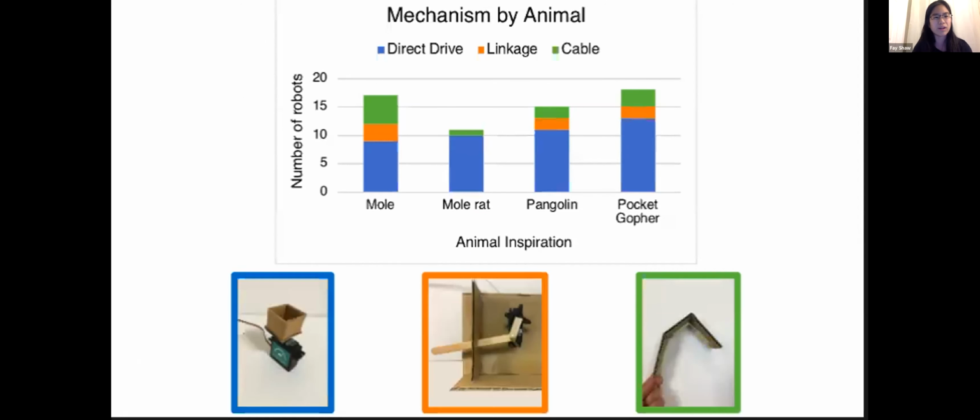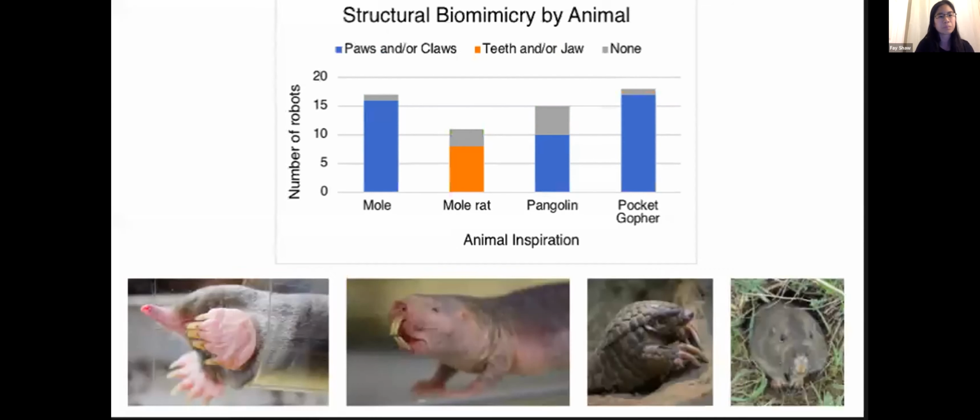So we looked at what appeared by animal, and we saw that when we scaffold with directions to build direct drive, linkage, and cable, the students are able to do this. They do use the direct drive most often. It is the simplest. And this is how it looked by animal.